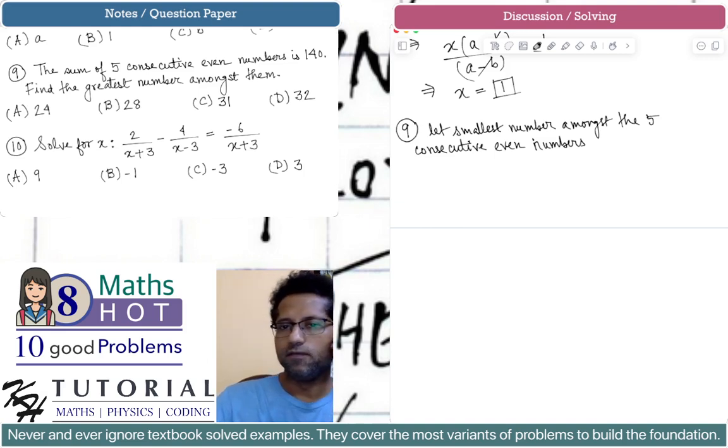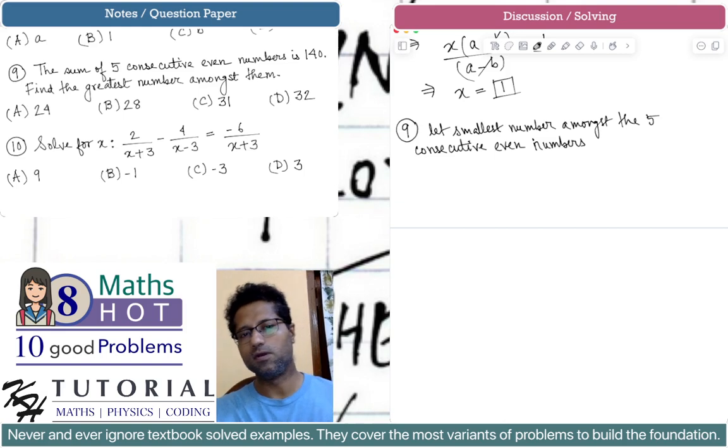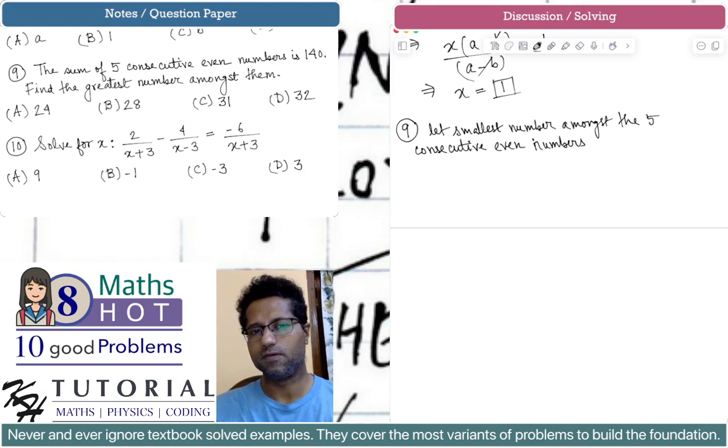But if it is said that even natural numbers, then they are always positive numbers, even positive numbers. So in this problem, it is talking about even numbers. Now even numbers means they are integers, and they can be positive even integers or negative even integers. So we are considering the smallest number amongst the 5 consecutive even numbers, x.